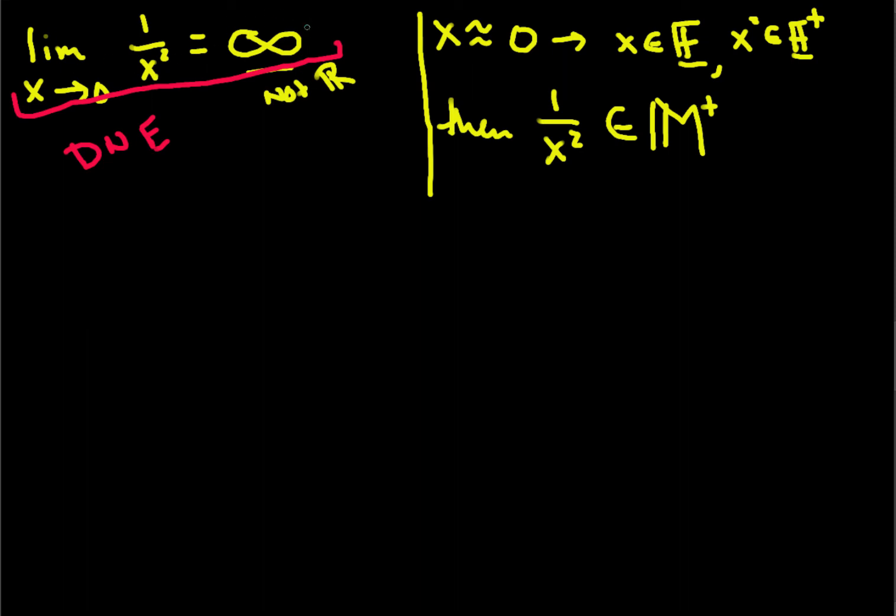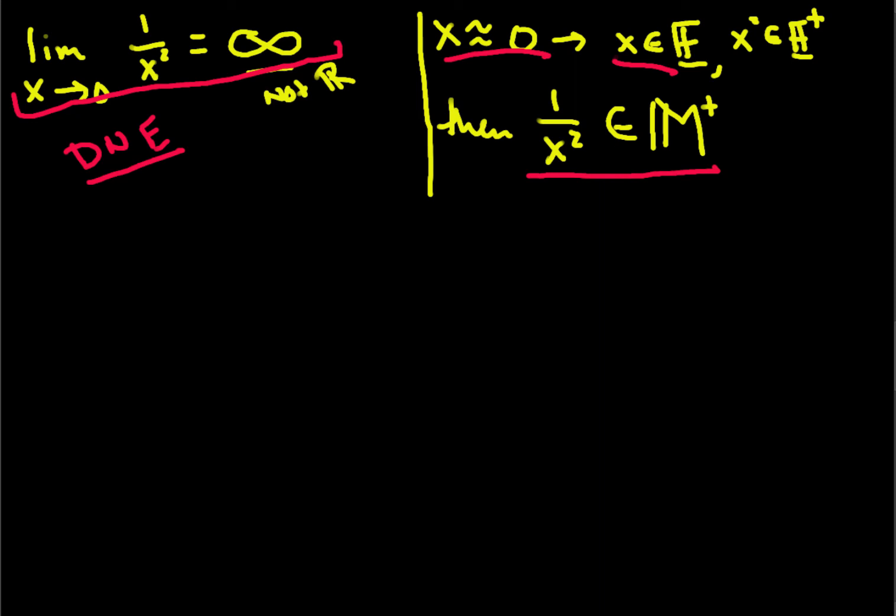All this is saying is that if x is infinitely close to 0, in other words, if x is an infinitesimal, then 1 over x squared is in the set of infinite numbers. And so notation-wise, we simply say the limit as x approaches 0 of 1 over x squared is infinity, even though we know it doesn't exist. It's just a very special case of not existing.